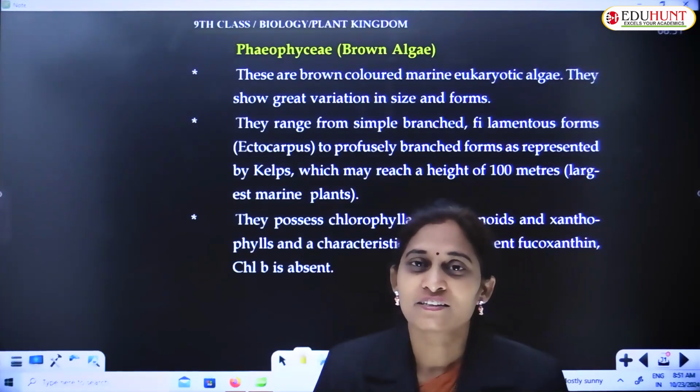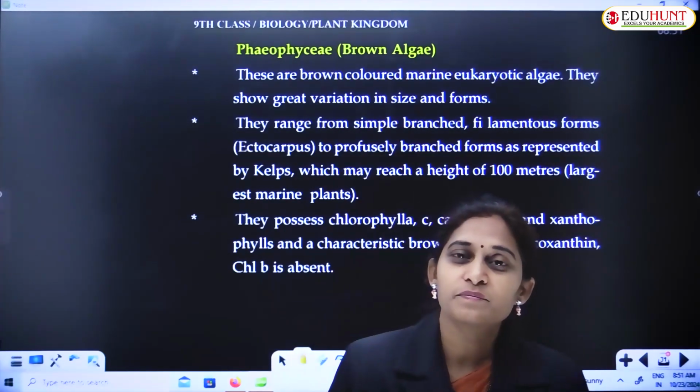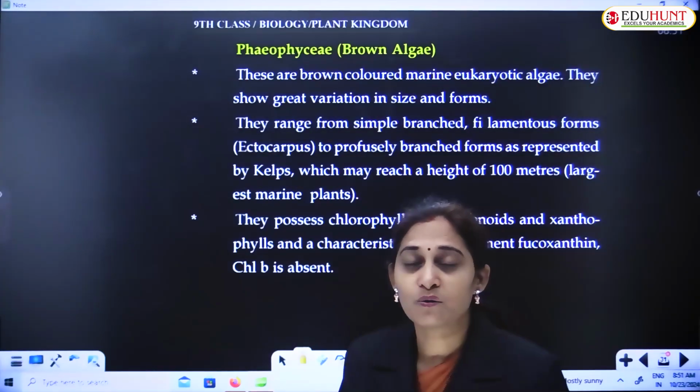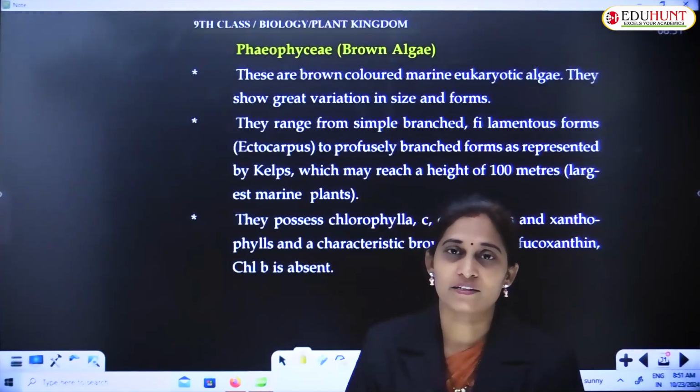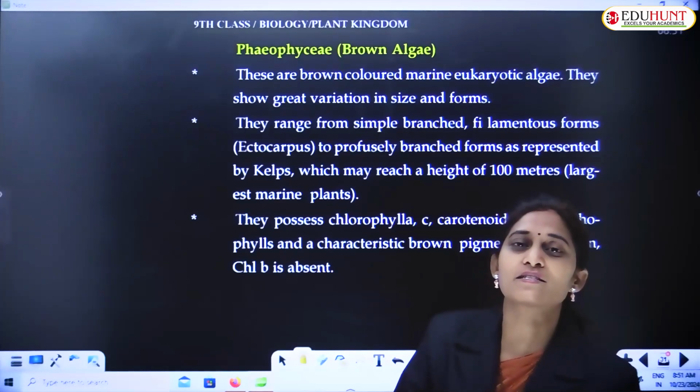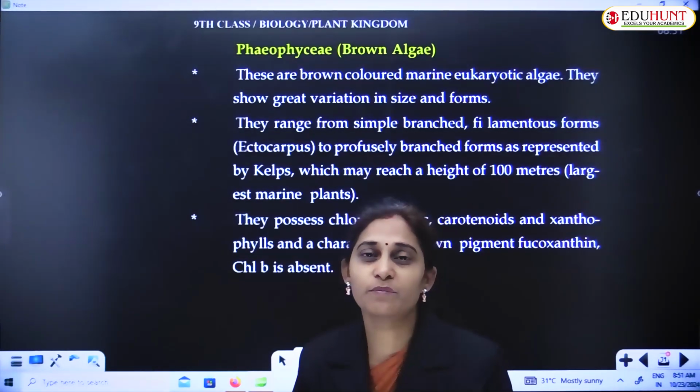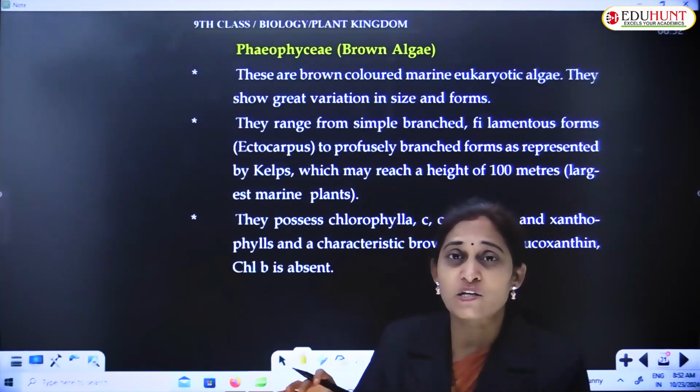We are discussing plant kingdom and classification, how the plants are classified and why, what is the necessity of classification of plants, dividing the plants or putting a plant in a specific group.